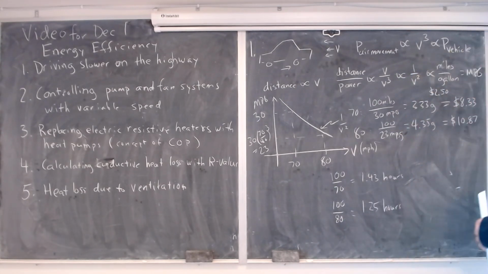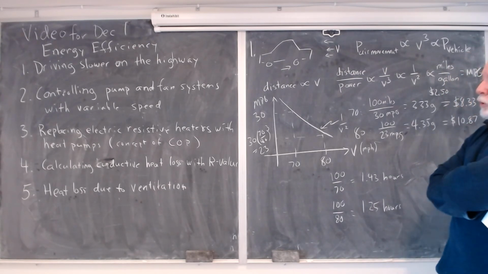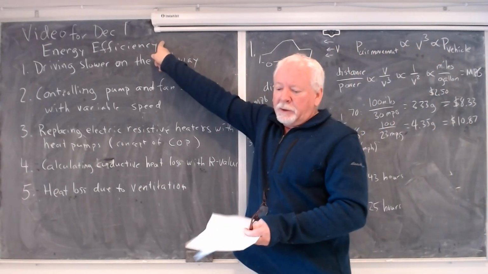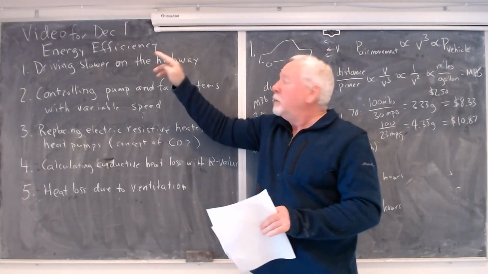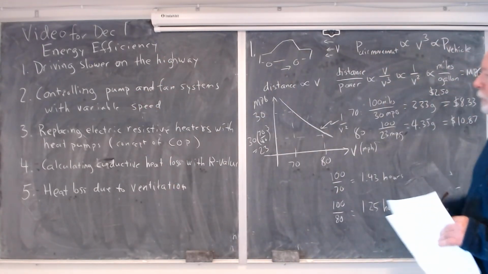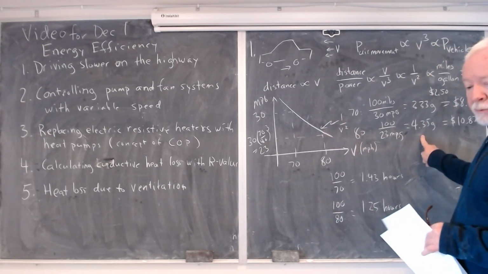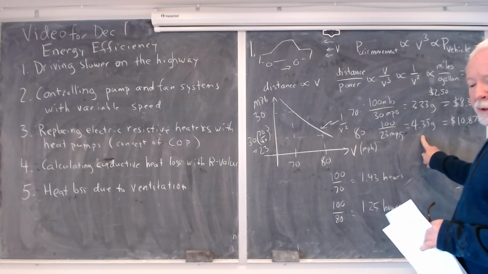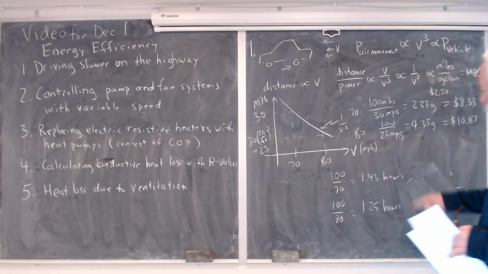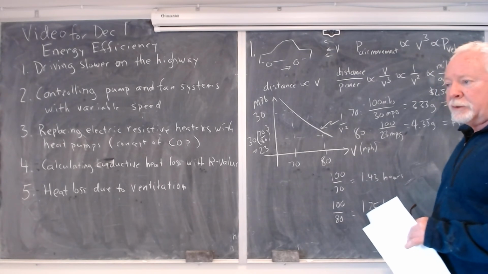So a way to think about it is that, again, energy efficiency is doing the quote-unquote same thing using less energy. Now, this is an example where if the same thing is going 100 miles, you clearly save a lot of energy by driving slower. If the same thing, though, is going 100 miles in 1.25 hours, well, then you haven't accomplished that. And so it comes down to what you define.